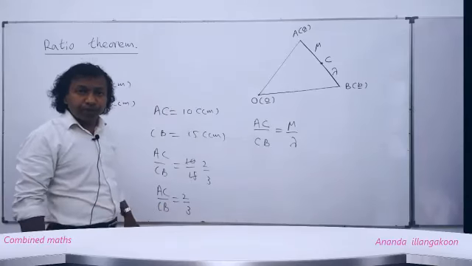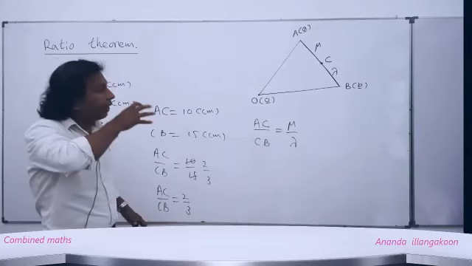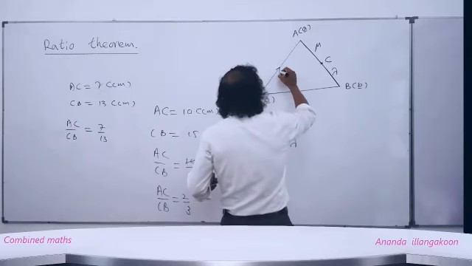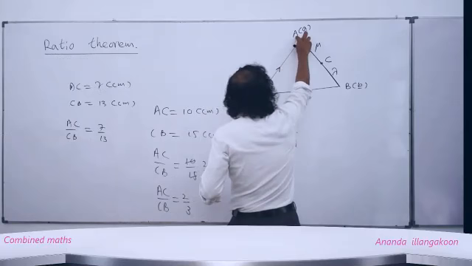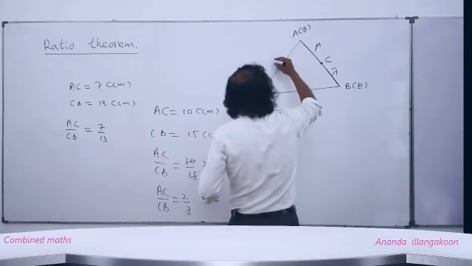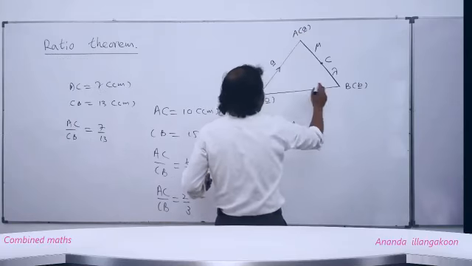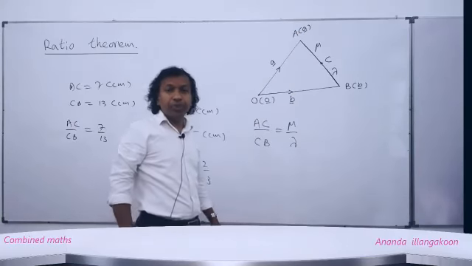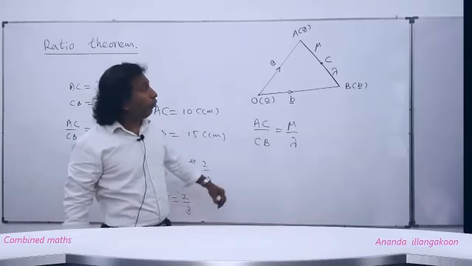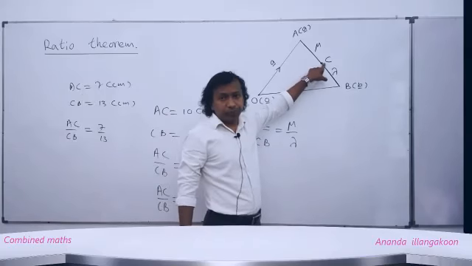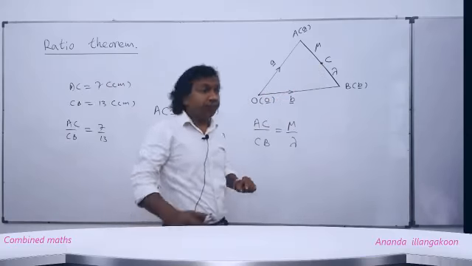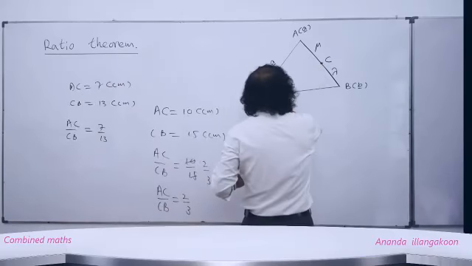Understood? Now you can very clearly understand this OA means position vector of point capital A. It is simple A vector, and this is simple B. For this point C also, relative to this O, there is a position vector, so this is OC.